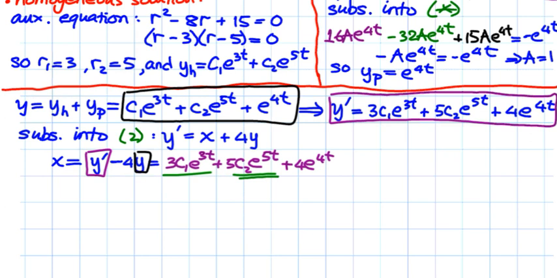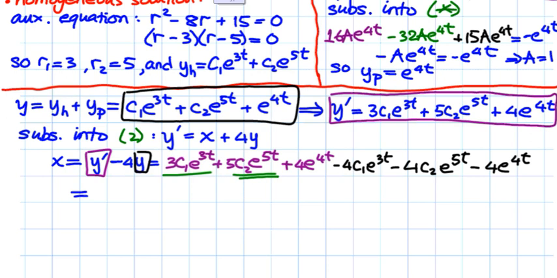So rather than multiply by 4, we multiply negative 4 into the function. So that would be minus 4c1 e to the 3t, minus 4c2 e to the 5t, and minus 4 e to the 4t. Combine like terms.